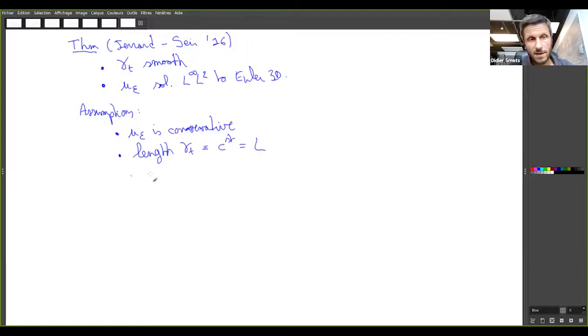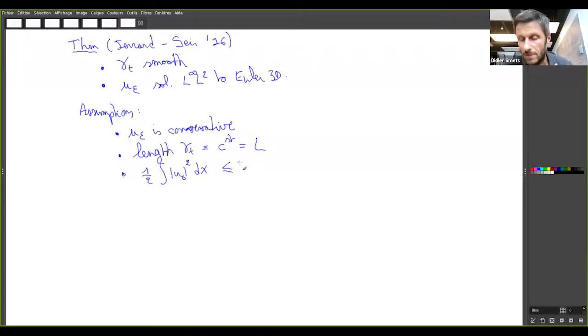Let me call it L. Then I need to suppose something about the energy, the kinetic energy of the flow. So I write it in space, U squared in space. So at time 0, but I assume it's conservative, so it's at any time. And I'm going to assume that my initial state had not too much kinetic energy with respect to the minimum energy required to build a vortex tube of length L.